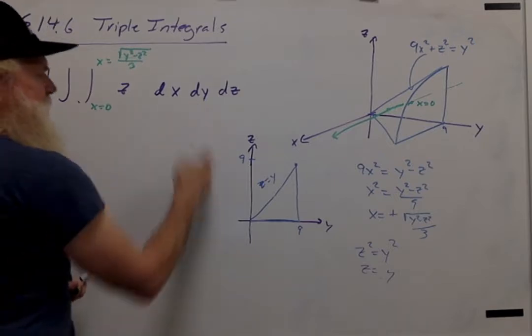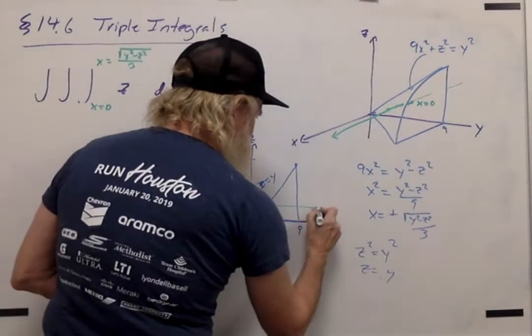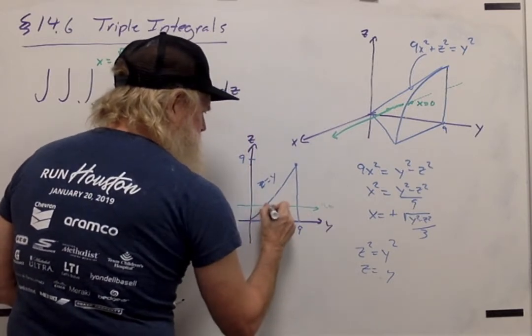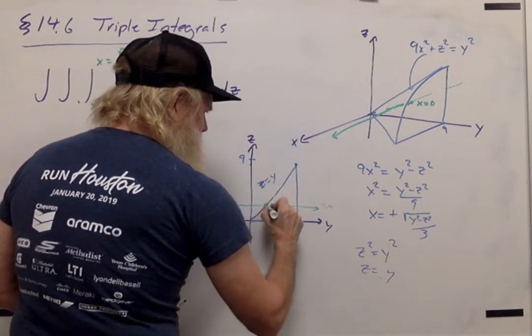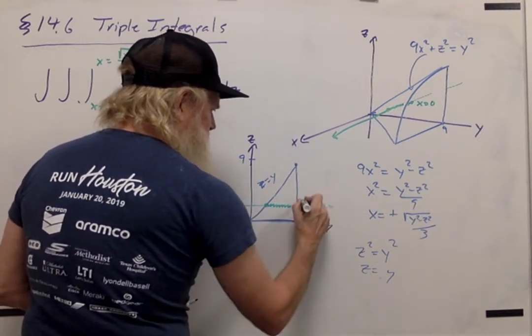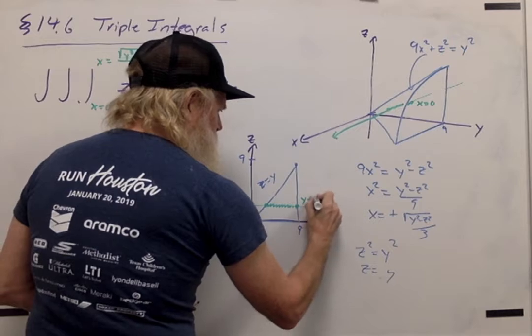Since I'm doing y next, I can draw a line segment parallel to the y-axis. Notice that it enters over here on the slanted line, z equals y, and exits on this vertical line, which has equation y equals 9.